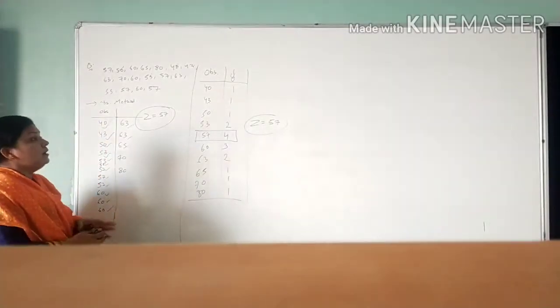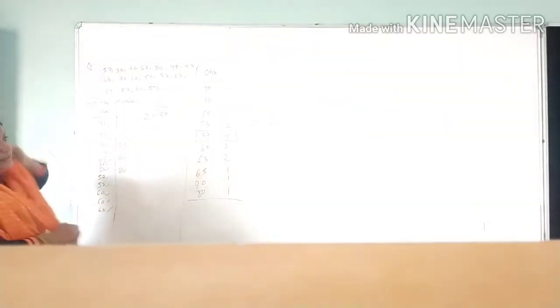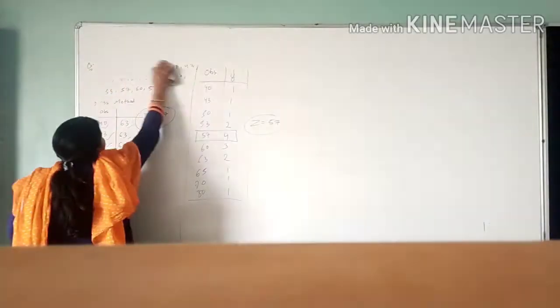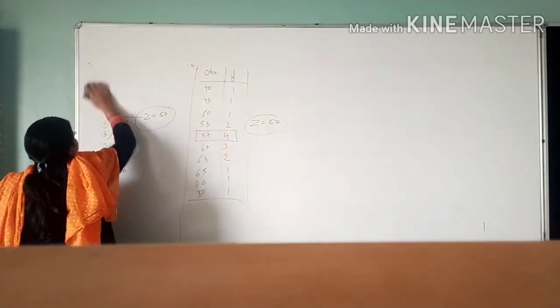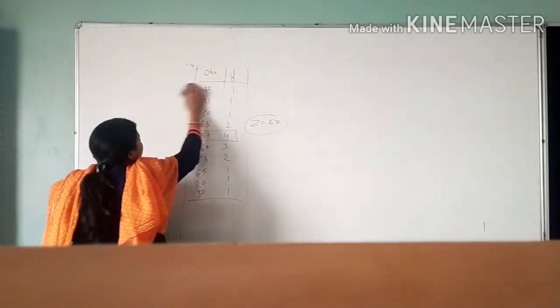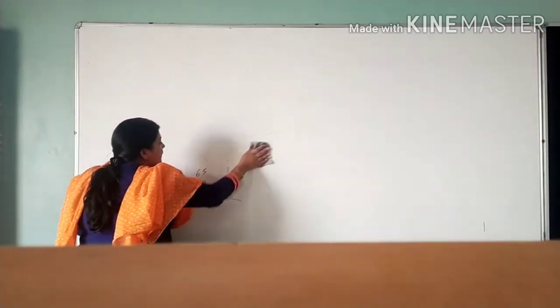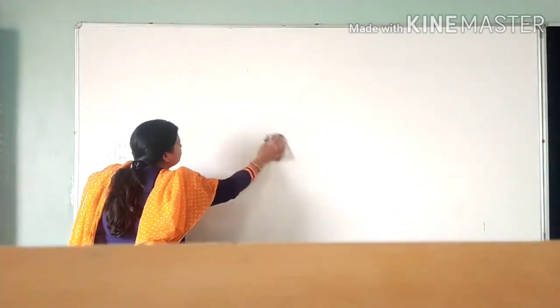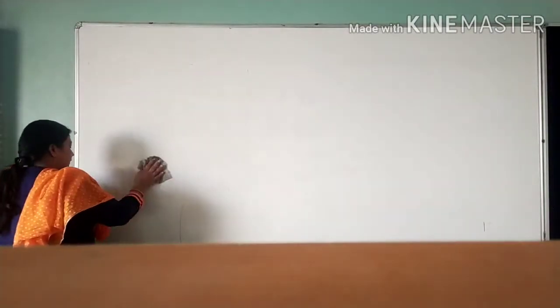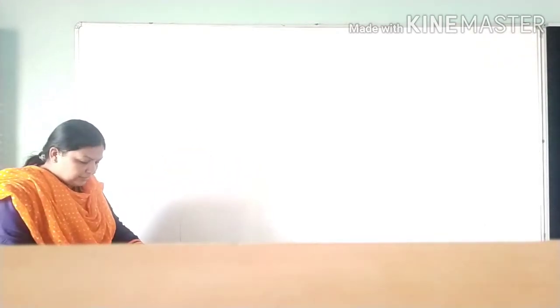Now second series is the discrete series. In the discrete series, as you know, students, क्या होता है? Observation and frequency both is given to you. So we just see that discrete series.